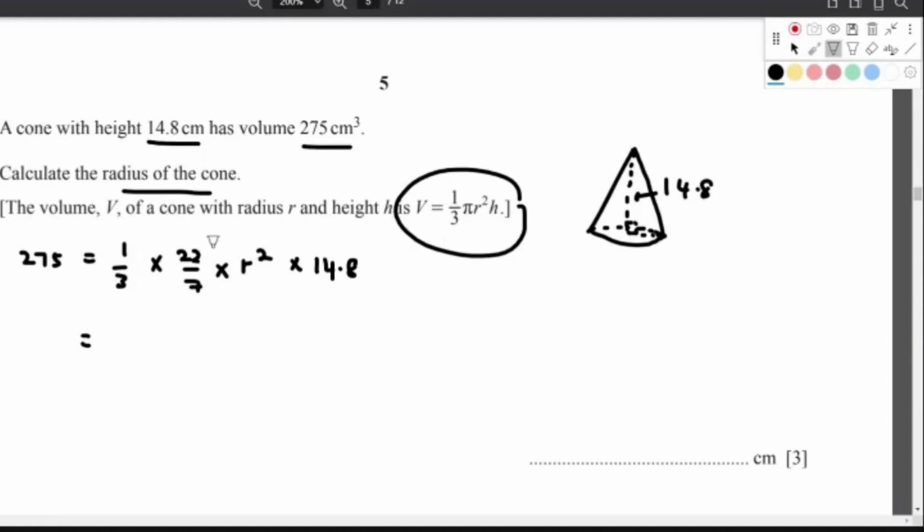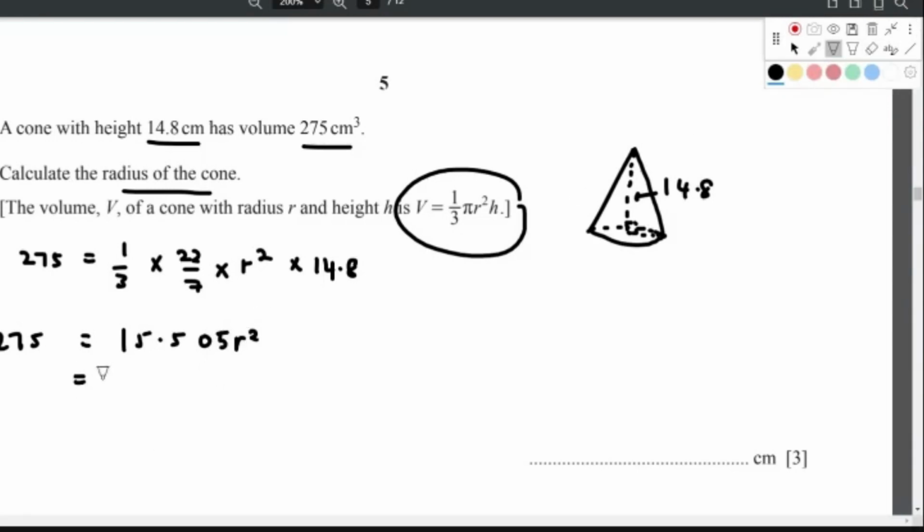So all we have to do is work with the equation and find r. So 275 must be 1/3 times pi times 14.8, so that would be 15.504 r squared, or 15.05 r squared.